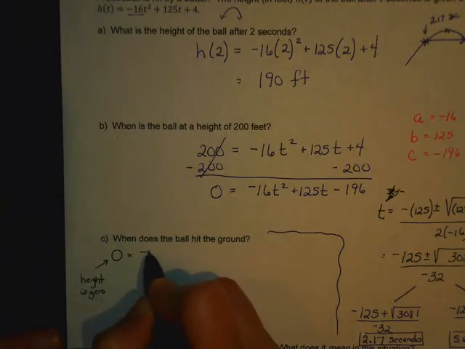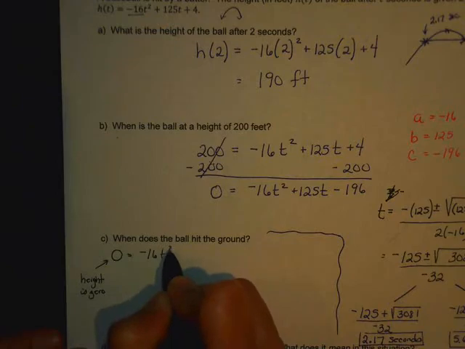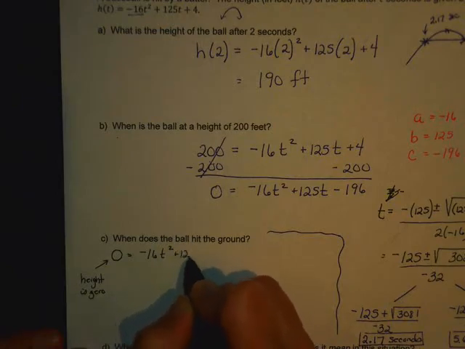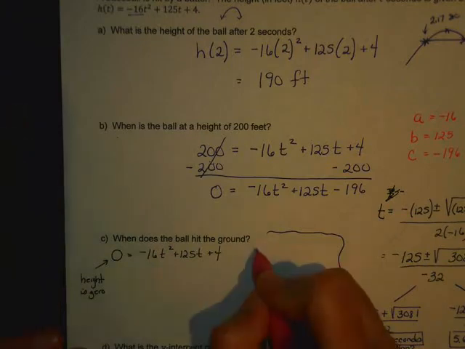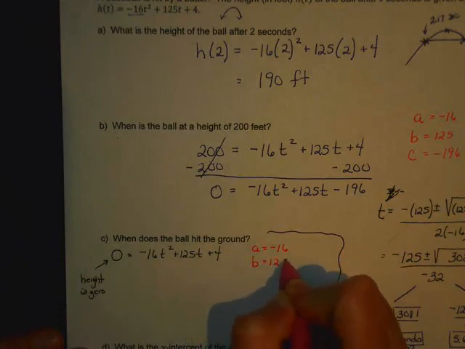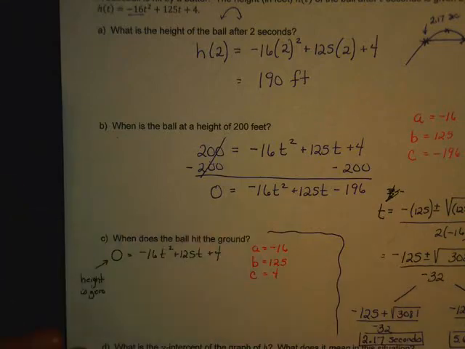All right, so negative 16t squared plus 125t plus 4. So A equals negative 16, B equals 125, and C equals 4. All right, let's see if we can squeeze it in here.